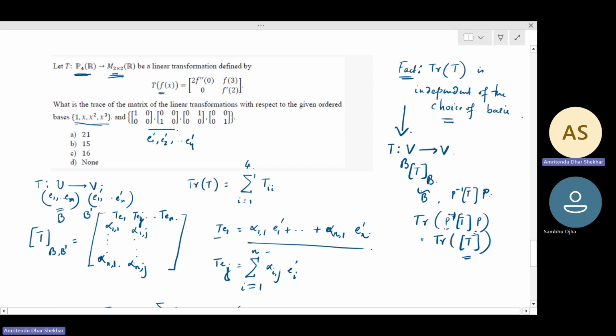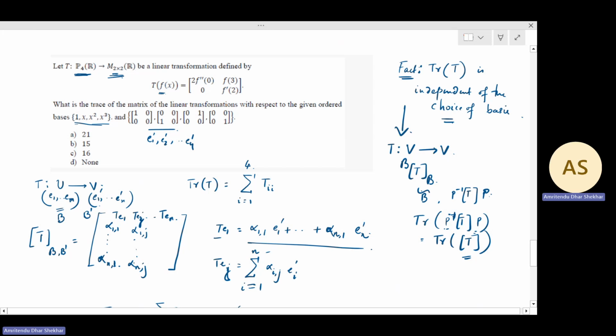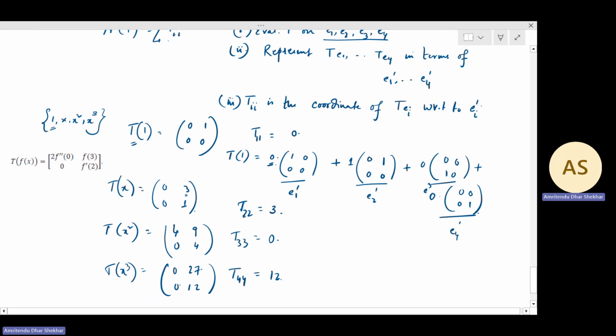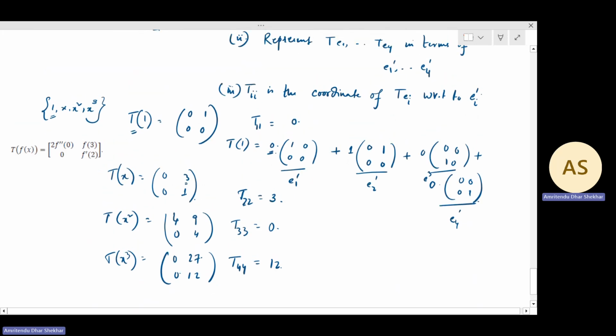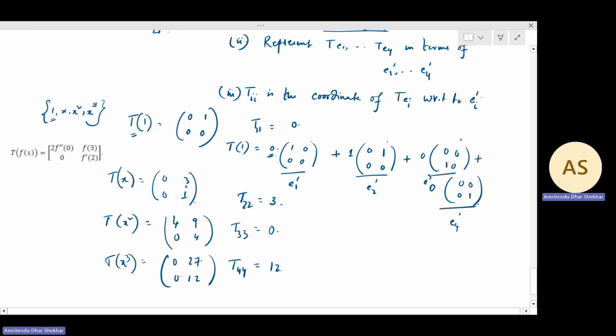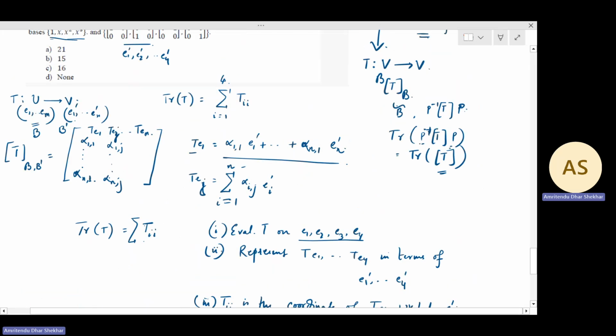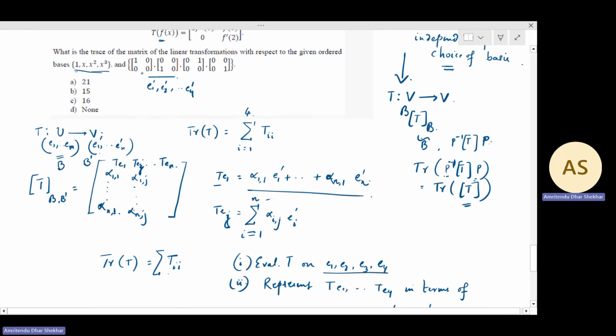So the choice of the basis here matters. What we have done here is we have computed this with respect to this particular basis. But this is different from the basis given over here. In other words, we have basically reordered the basis. So if you reorder the basis, you will get a different answer.